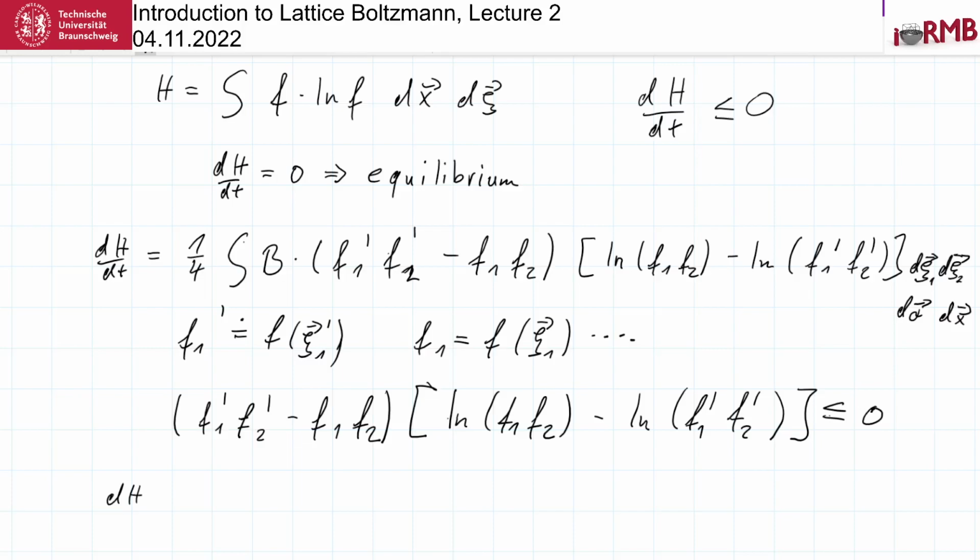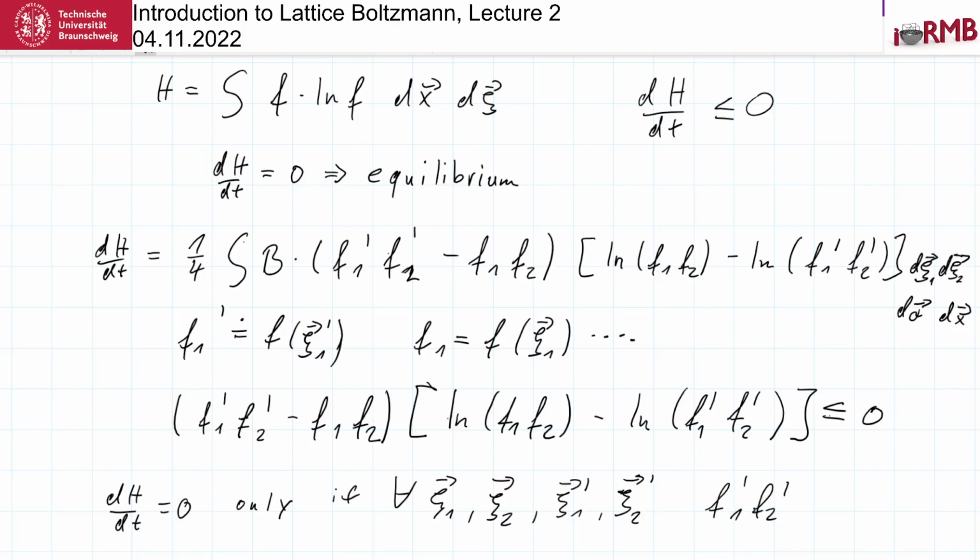So we look at d eta by dt equal to 0. This is only the case if for all our velocities, c1, c2, and of course the after-collision versions, for all of them, F1 dash F2 dash minus F1 F2 is equal to 0 everywhere.